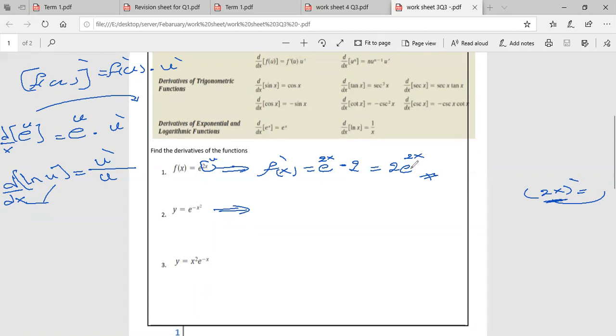Noor Nabil, can you help me to find the derivative of this given function? Do you hear me, Noor, or no?